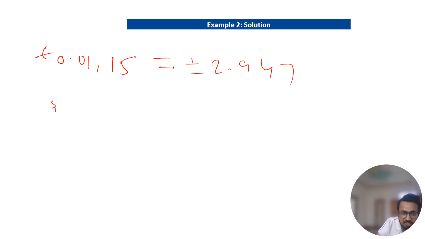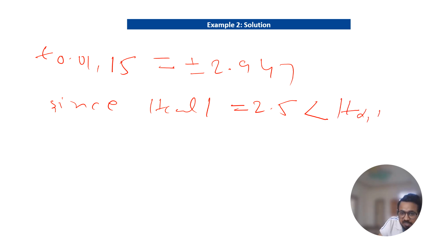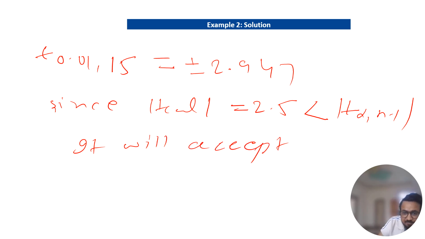And we can see that the t calculated value is equal to 2.5, which is strictly less than mod of t alpha, n minus 1. So that's why, in this case, it will accept the null hypothesis H naught.